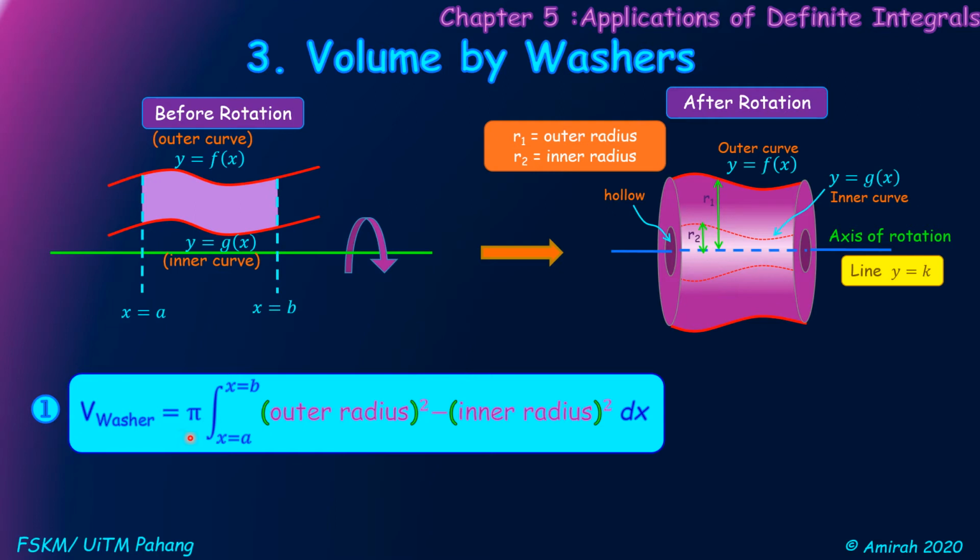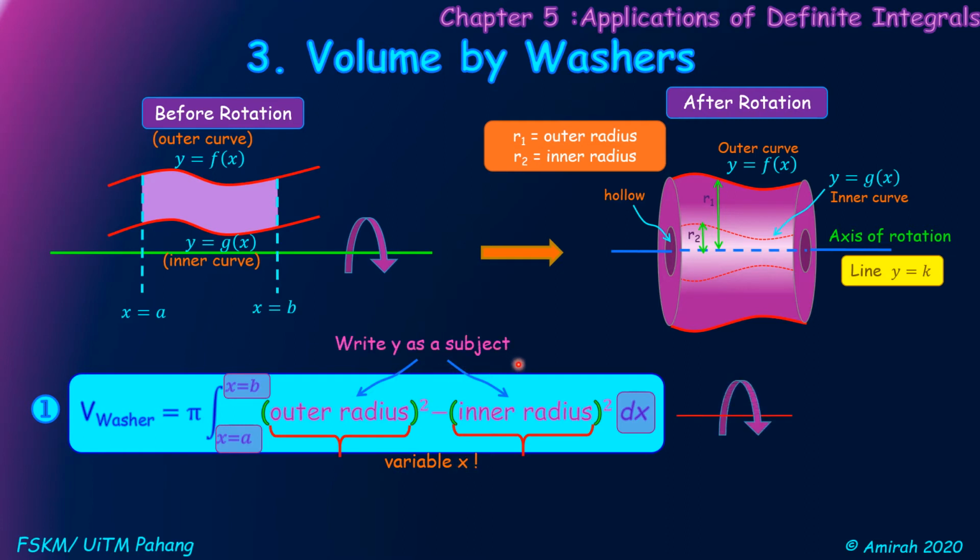Volume by washer equals pi times the integral from x equals a to x equals b of outer radius squared minus inner radius squared, dx. All of this must be in terms of variable x, so we need to write y as the subject if the axis of rotation is a horizontal line.